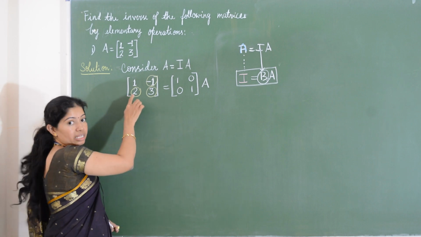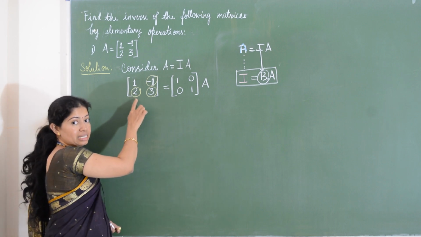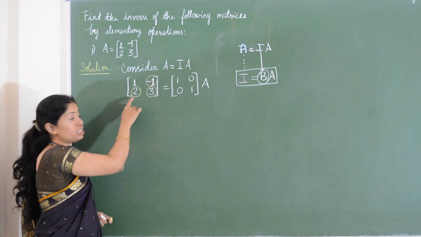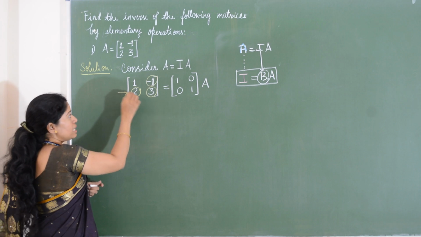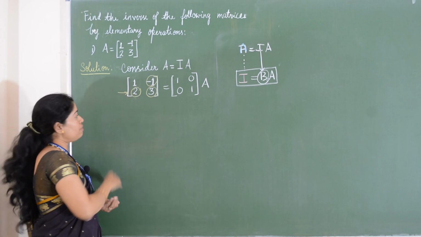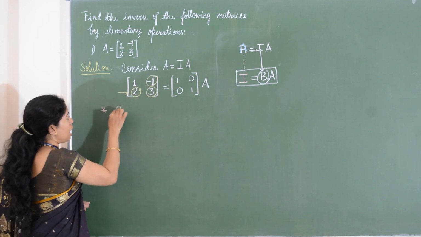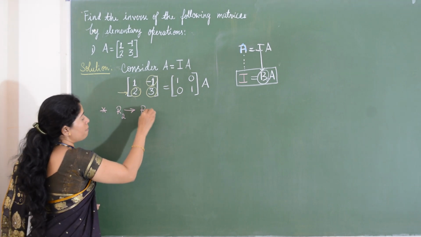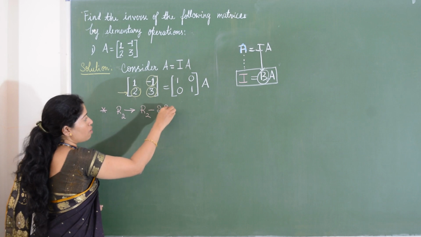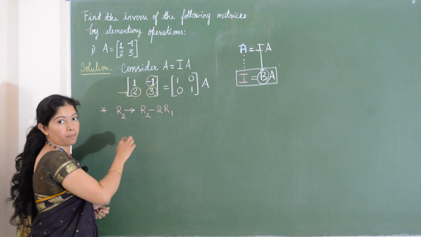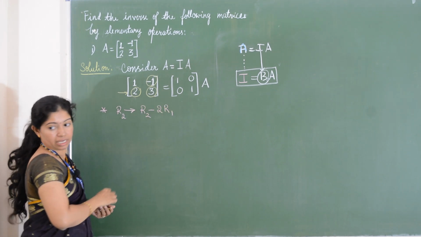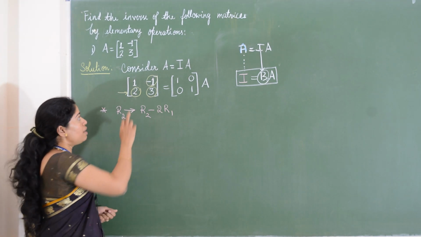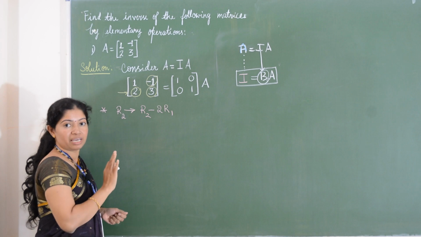First this one, this we need to make as a 0. So we have to apply operation to which row? To the second row. So I will do the operation R2 changes to R2 minus 2 times of R1. If you do this operation, what will happen? As we are doing the operation to the second row, our first row will remain the same.